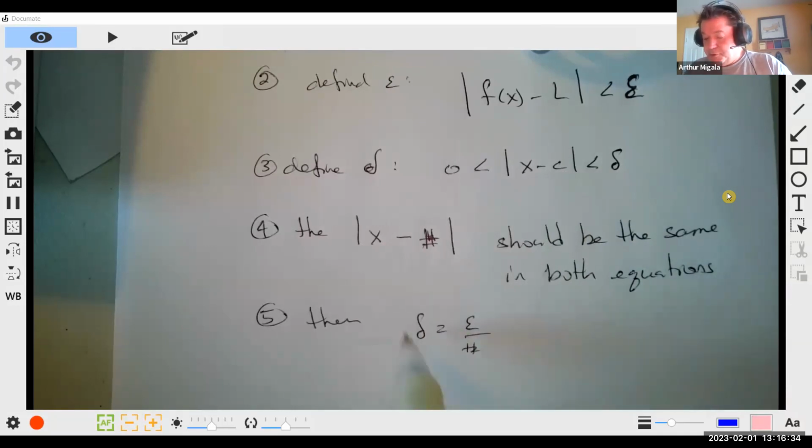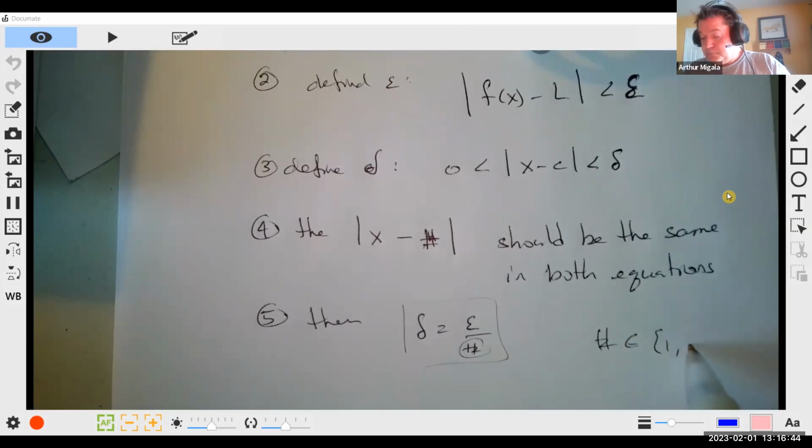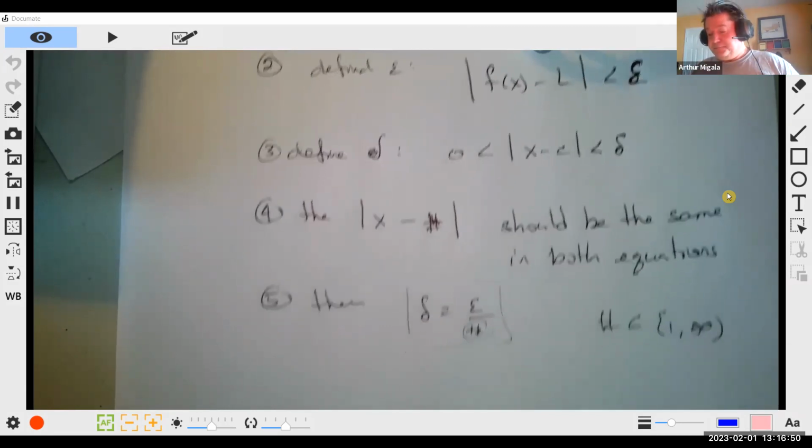So you'll usually end up with this, or any number, the number could be any integer. And there you have it. That's what you're finding.